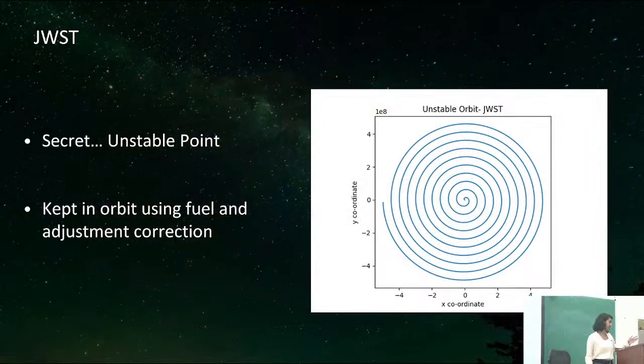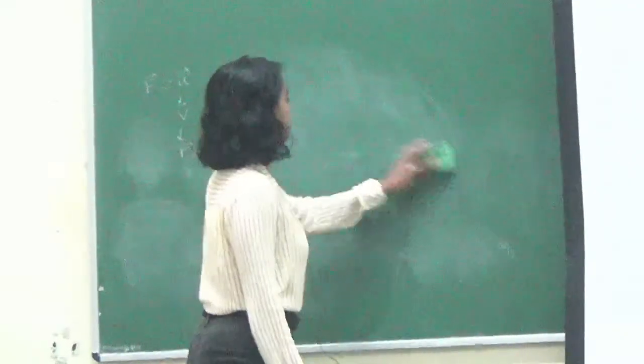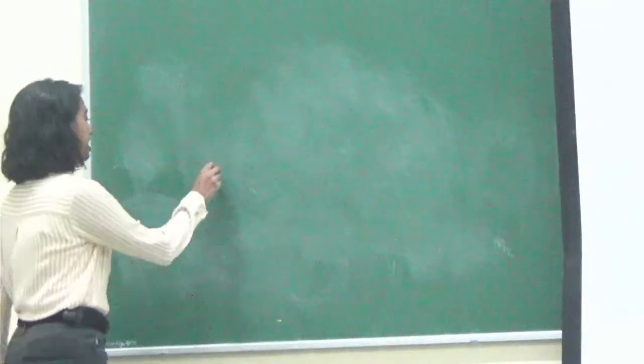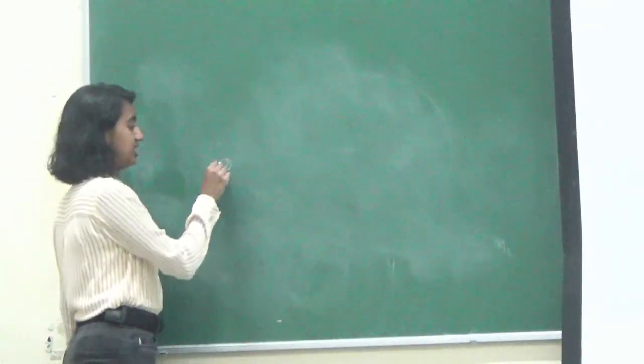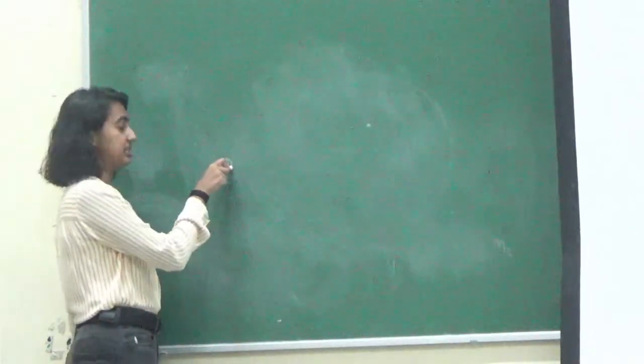Now Chandrayaan, you guys have also seen this image of Chandrayaan's orbit, like I showed earlier. It basically orbited around the Earth and then got pulled into the orbit of the Moon. That point of transition is a Lagrange point.